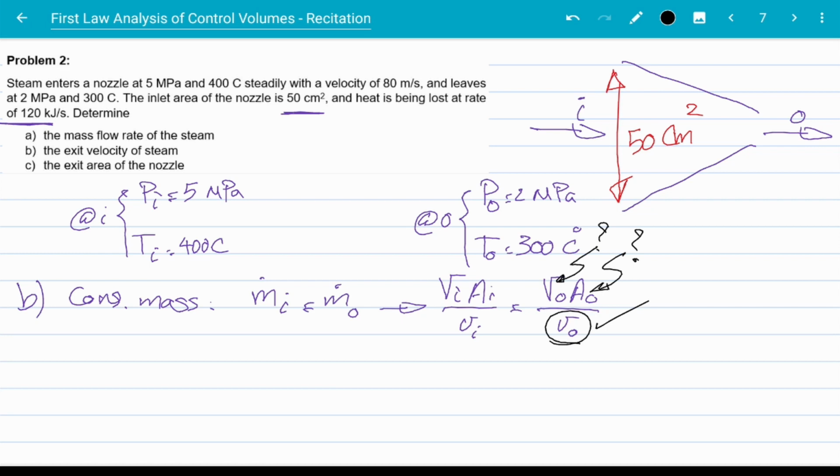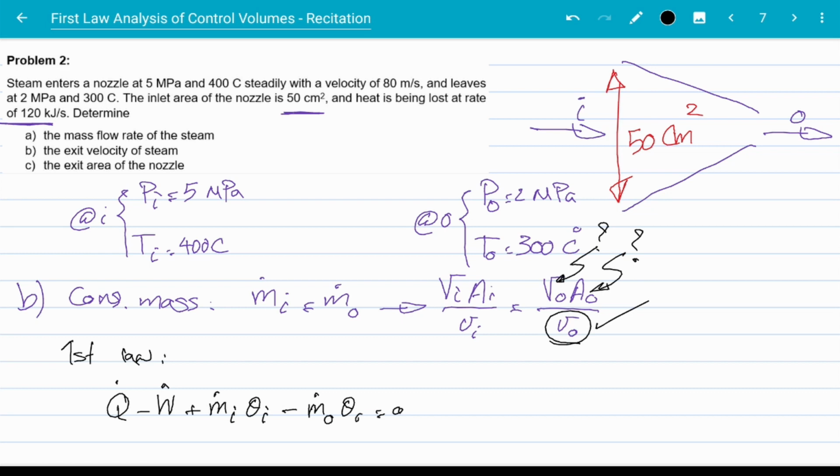I'm going to write down the first law here and see if that can help us. So you know that Q dot net, I'm dropping the subscript net just to make things simple, but you should know that this is Q dot net minus W dot net plus all the energy that the fluid is bringing in minus all the energy that the fluid is taking out is equal to 0.